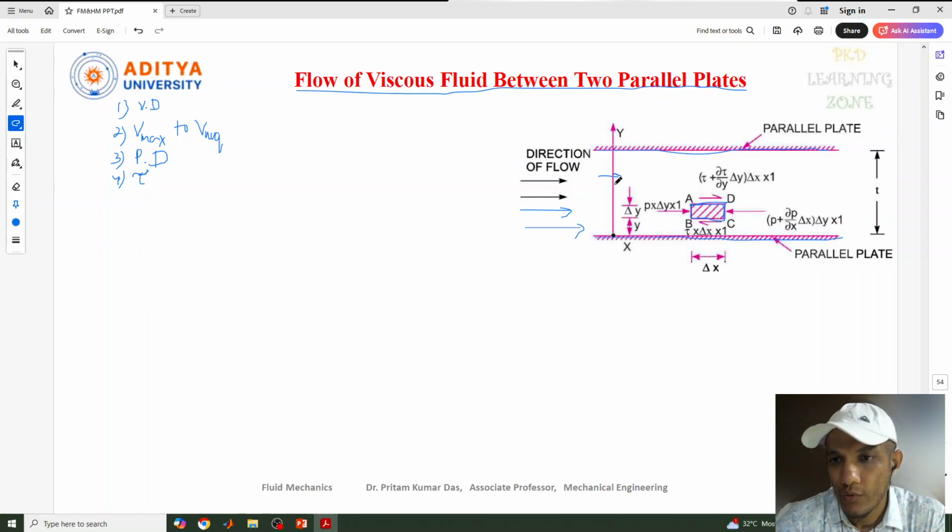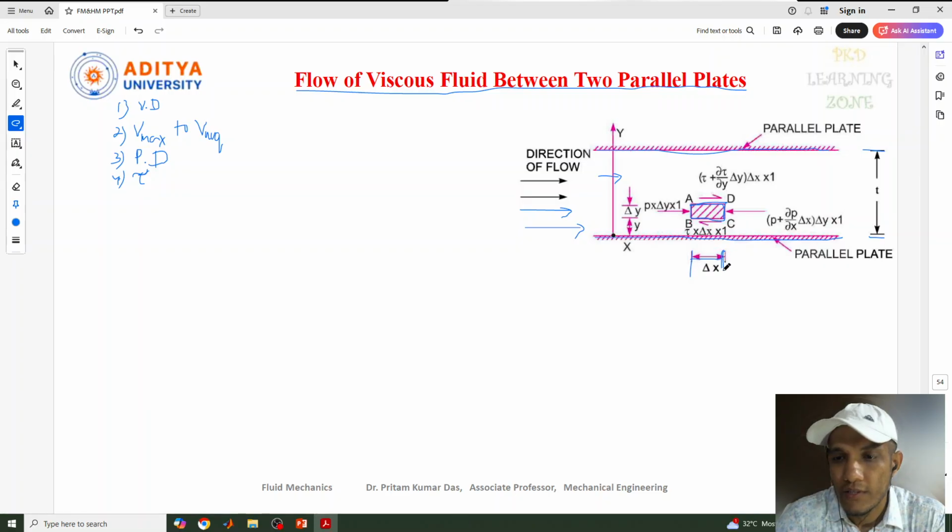These two plates are separated by a thickness of T. The length of the fluid element we have considered is delta x.